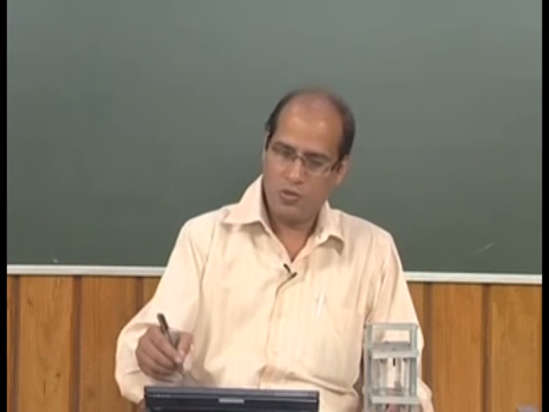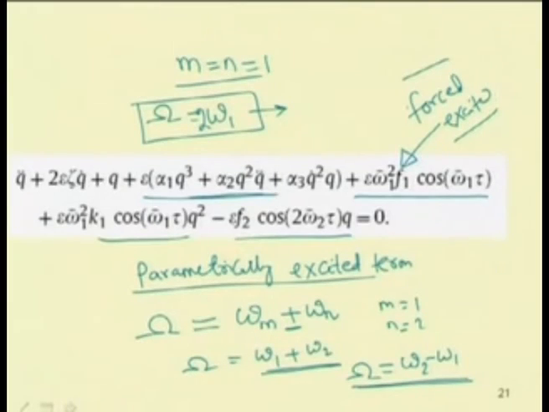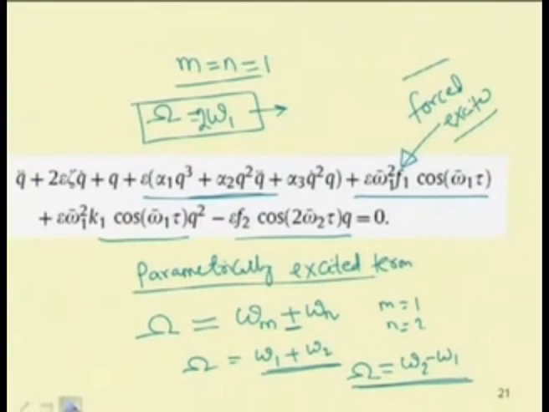In addition to the resonance which occurs at a frequency equal to the natural frequency, that is known as simple resonance condition. So, 5 different types of resonance condition you may observe in a nonlinear system, but in a linear system you can observe only the resonance when the excitation frequency equals the natural frequency of the system.